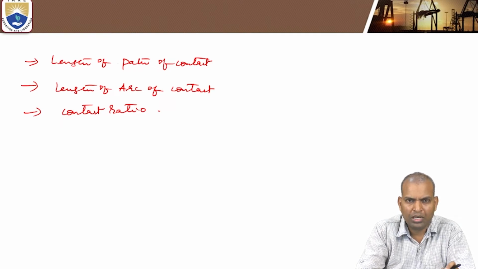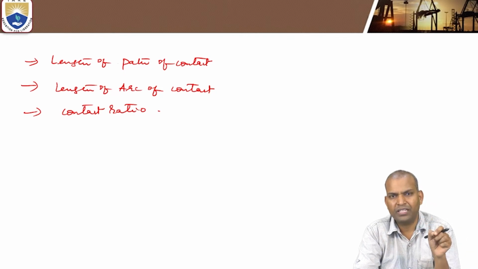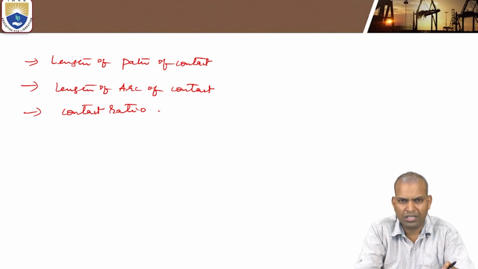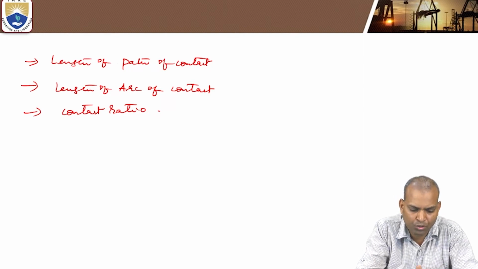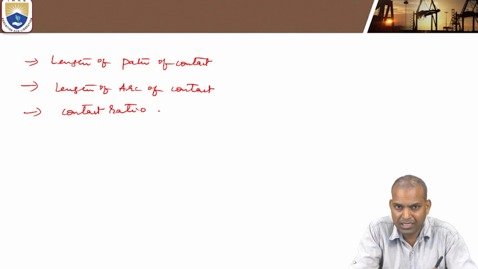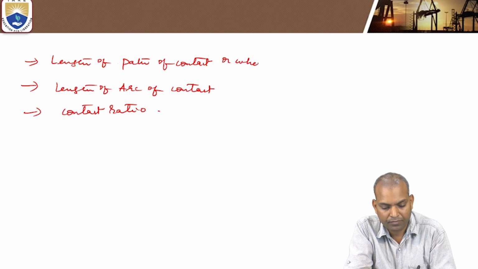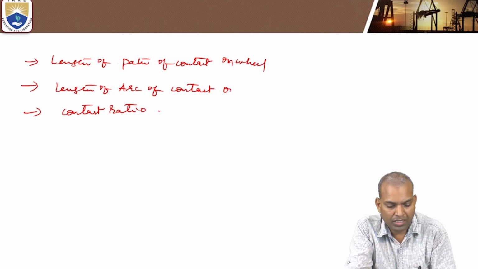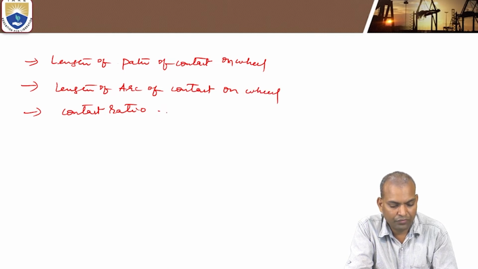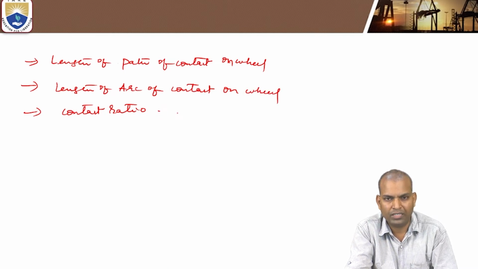To quantify the torque transmission, there are certain parameters: length of path of contact on the driver wheel, length of arc of contact on the wheel, and contact ratio of both wheels.